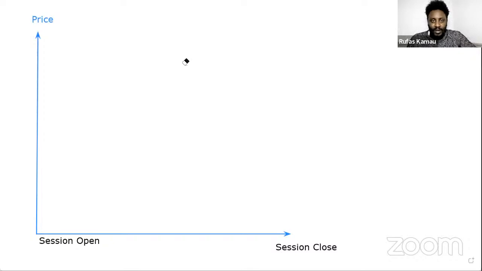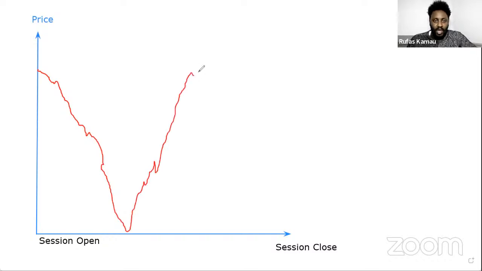Let's look at a very common candlestick that we describe as a pin bar. Let's say price opens high, then goes down for a particular session, then picks up and moves in the opposite direction and closes very near the open of that candlestick.